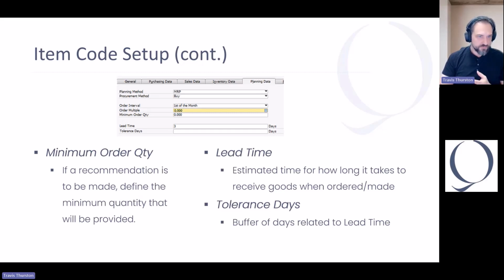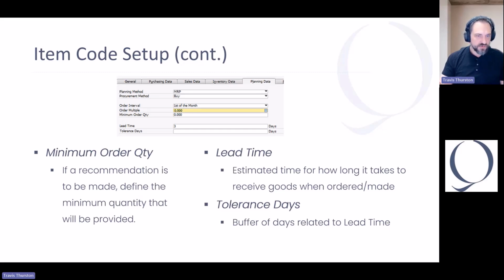So your lead time is how long you're saying it typically takes you to make the part, or how long it takes for you to get the part from your vendor that you're ordering from. That one's a little bit more straightforward in the fact that the system's going to say, well, you're saying it takes at least 3 to 5 to 10 to 15 days, whatever you may have defined.